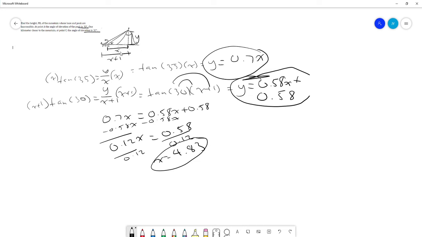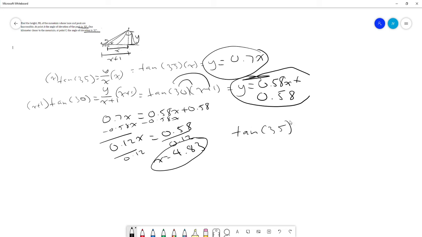Look back at our figure. We have this line covered, and we know that if we have a line and we have an angle, we can apply a trigonometry application. So we can use here the tan of 35 over the opposite over adjacent, but this time we have x, so we can plug that in. Let's write that out. Tan of 35. We're using the smaller one because it's an extra step to use the bigger one and have to do x plus 1 instead of just x.